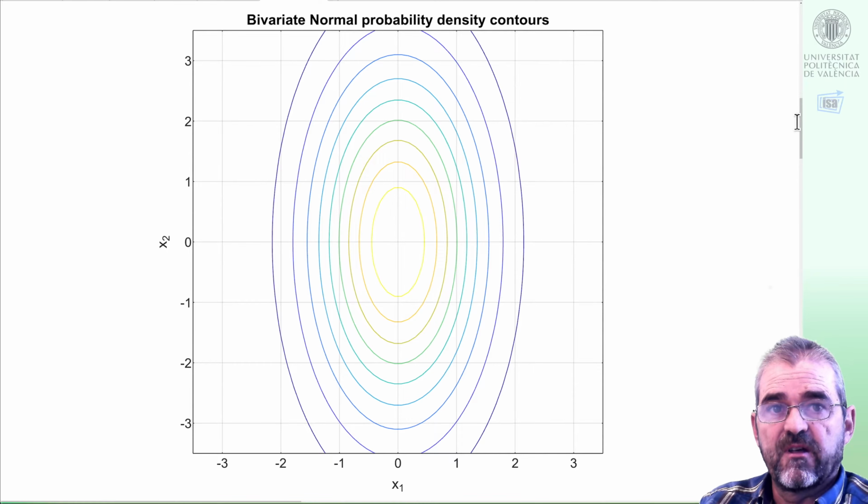and then of course the smallest area regions for a given probability, for a given confidence, will have this shape.